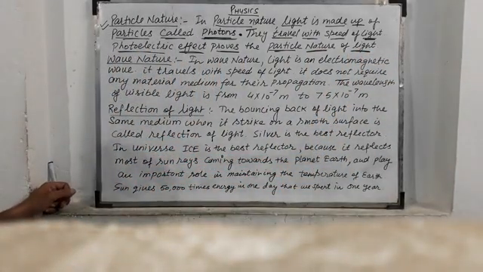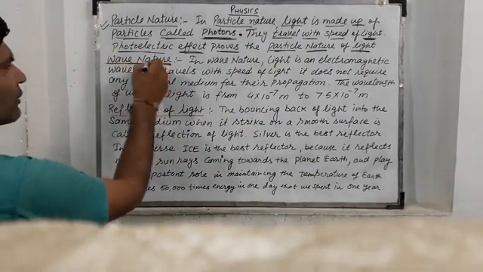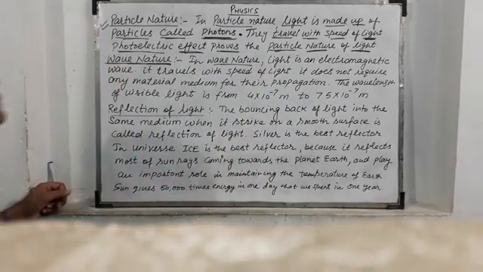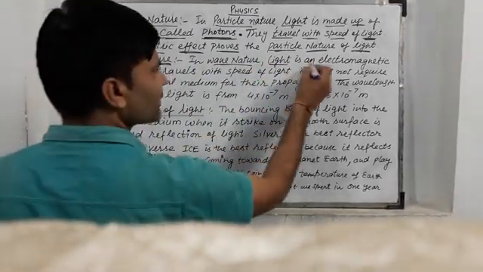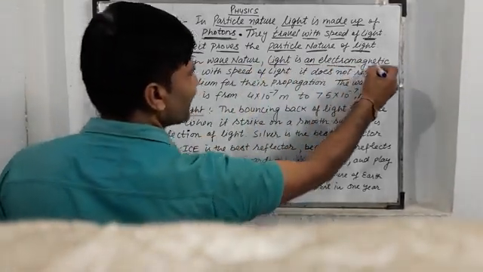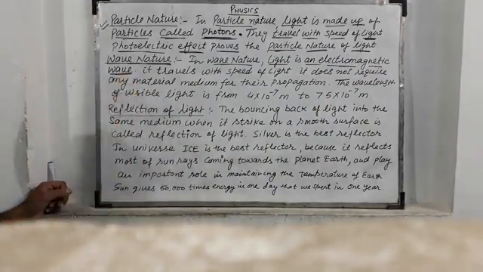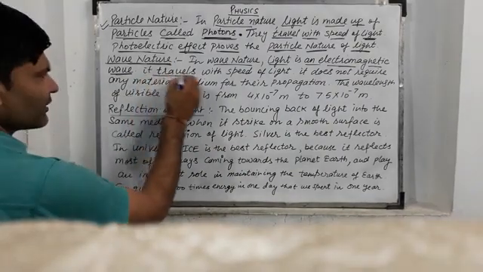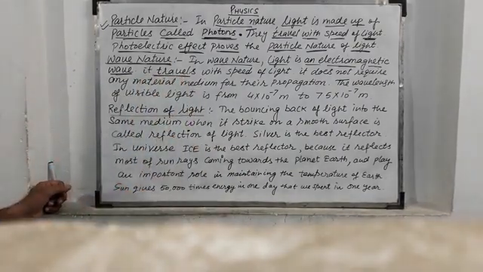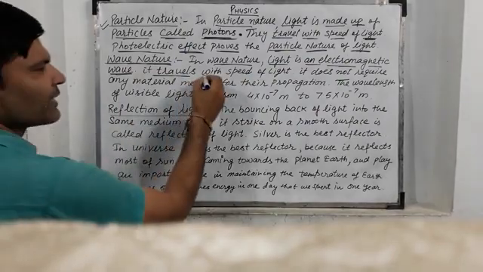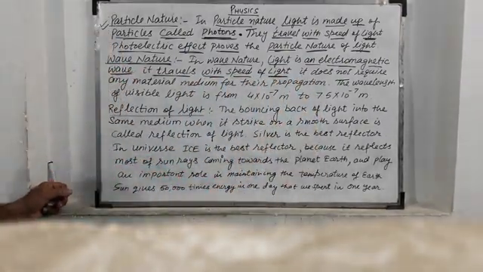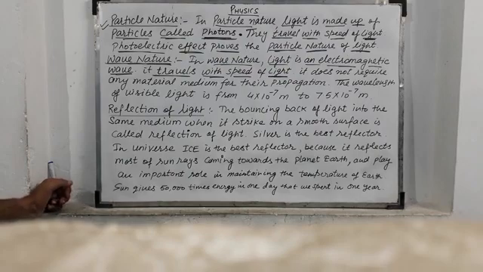Now, wave nature. In wave nature, light is an electromagnetic wave. Light waves travel with the speed of light, that is 3 into 10 to the power 8 meter per second.